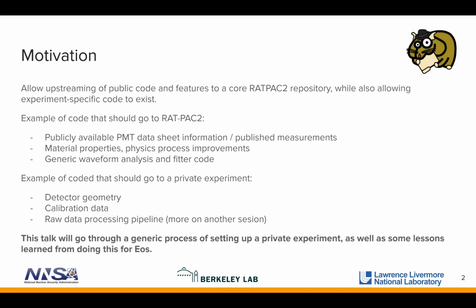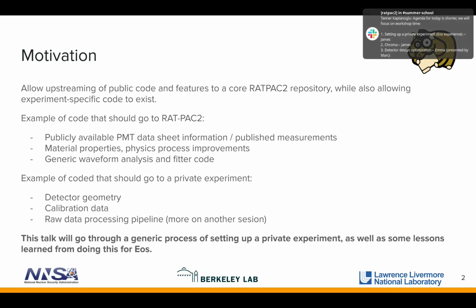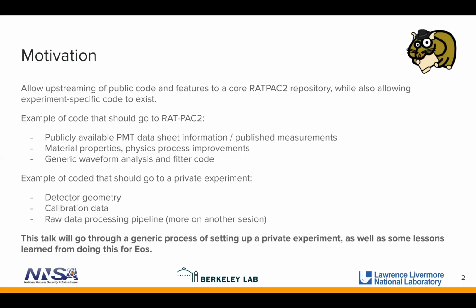Some calibration data related to your detector could also go in there. And I'll go through some examples of how we do this in EOS. And there's also perhaps pipelines for processing raw data. So yesterday I talked about HDF5 production and stuff like that, but it's also very detector specific. So you could also put that in a private experiment and not interfere with ratpac-two.